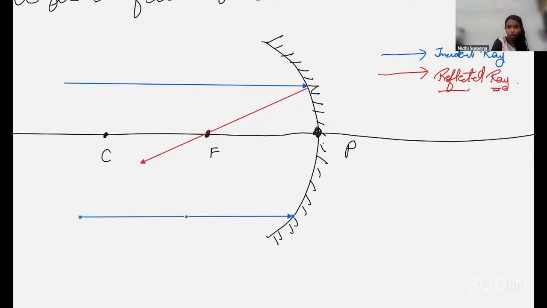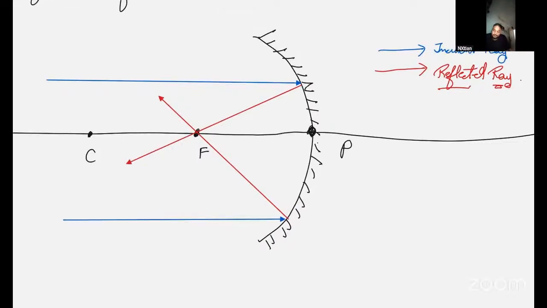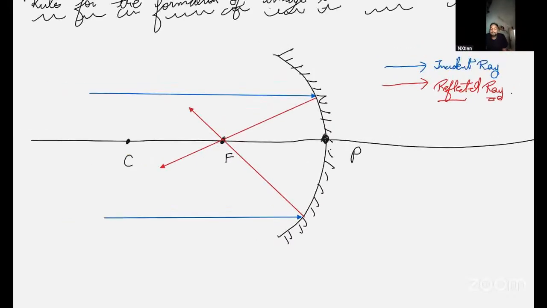So the blue ray is the incident ray, right? Yeah. The blue is incident and the red one is reflected. Okay. So if a line is parallel to the principal axis, after reflection, it will go through the principal focus.